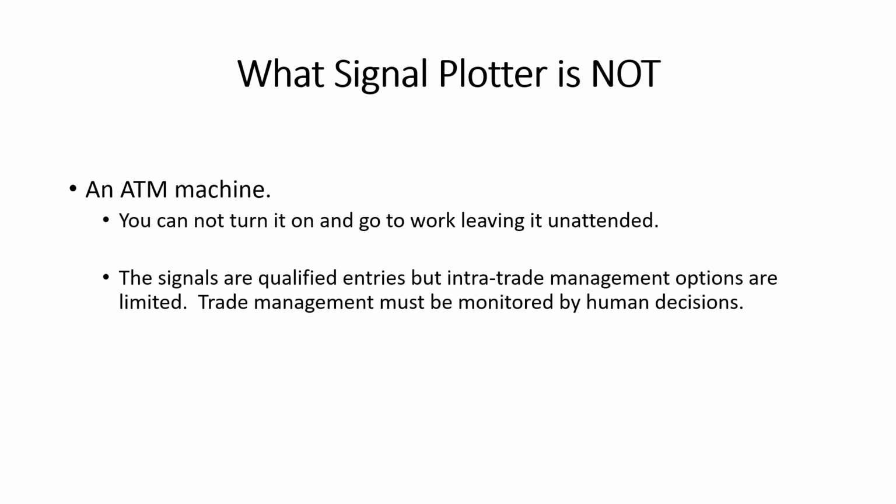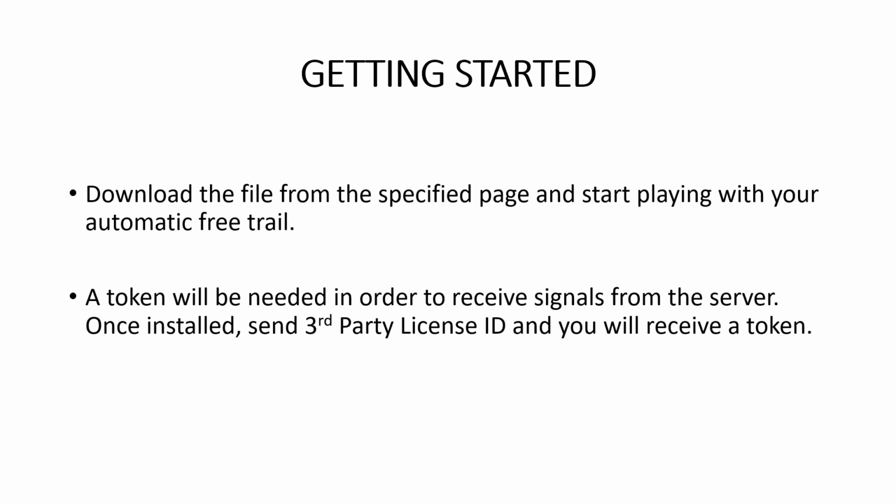I can't emphasize that enough. So how would I get started? Well, it's easy. You can just download the file right from the specific page, and then we start playing with it. You need to get a token, and I could send you a token.